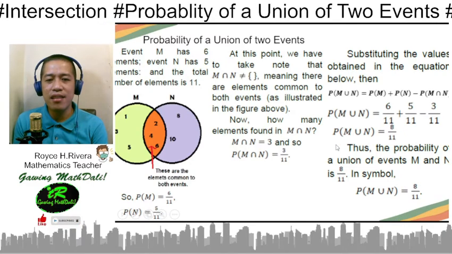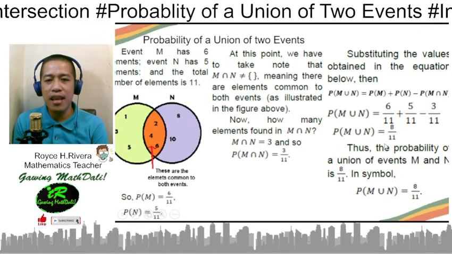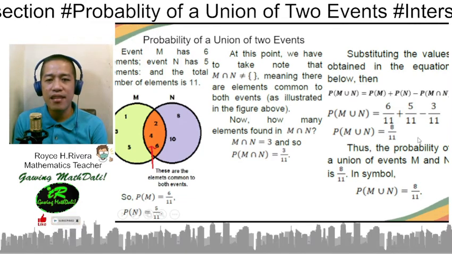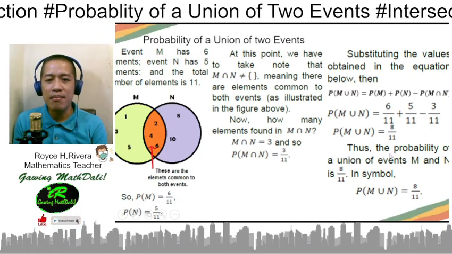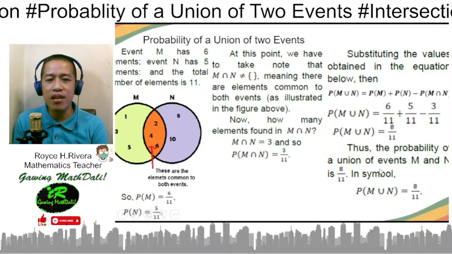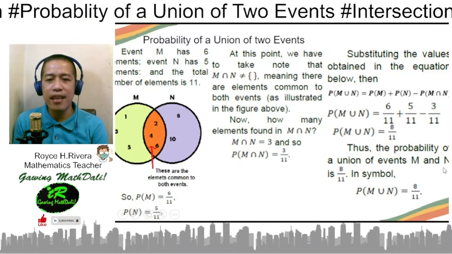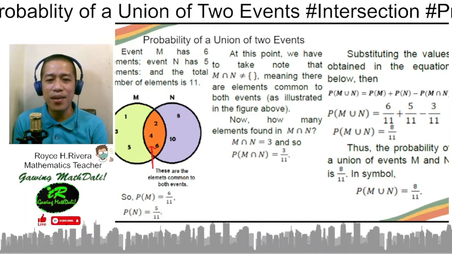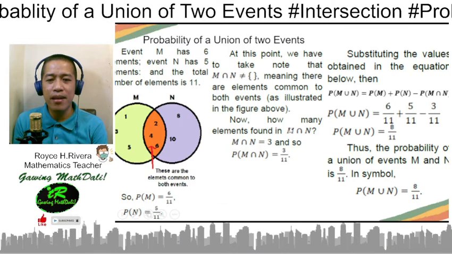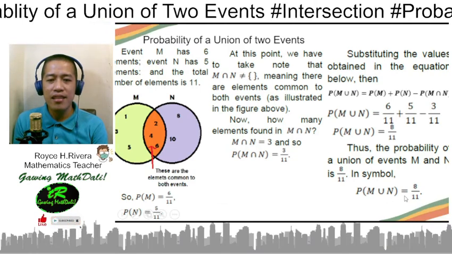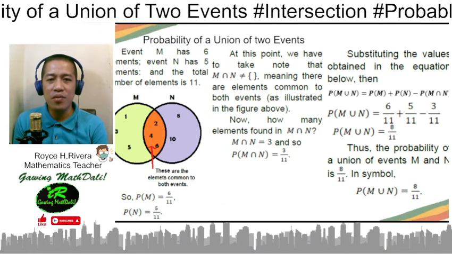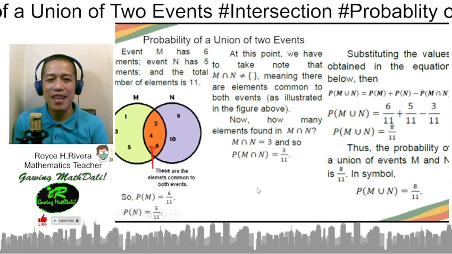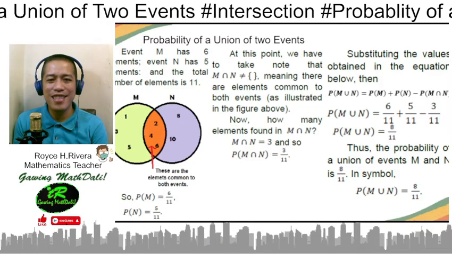That will give us P of M union N is equal to 8 over 11. Therefore, the probability of a union of events M and N is 8 over 11. In symbol, P of M union N is equal to 8 over 11. Sana nasundan ninyo at natutunan.